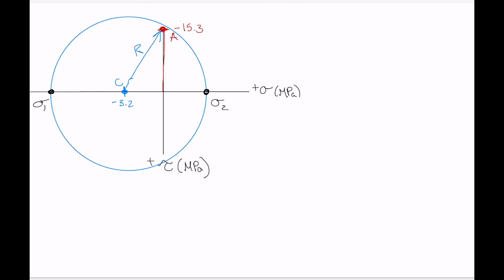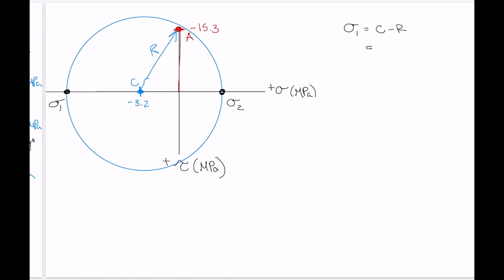And again, very easy to get those values. You just take the center point and subtract or add the radius. So our value of sigma 1 here is the value of our center, subtract our radius in this case. So what do we have?